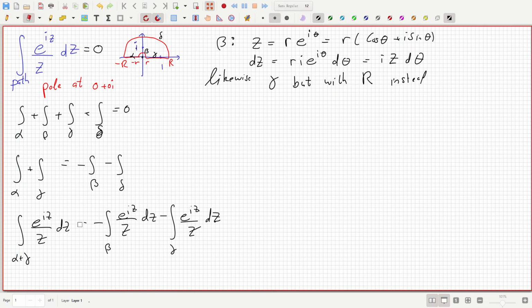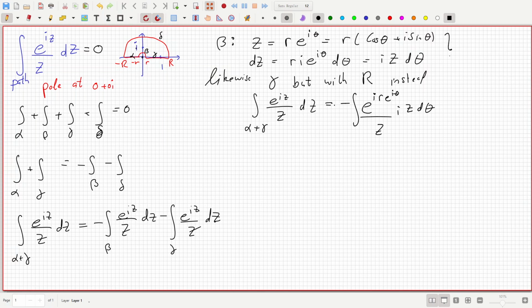So we get now the integral along alpha plus gamma. I will now do a replacement here. The beta is the small radius, so that'll be minus the integral of e^(iz), which is e^(i r e^(iθ)), over z, and then dz is i z dθ.